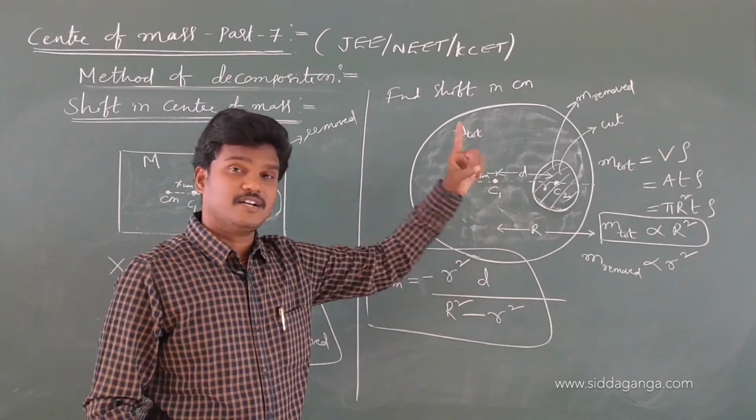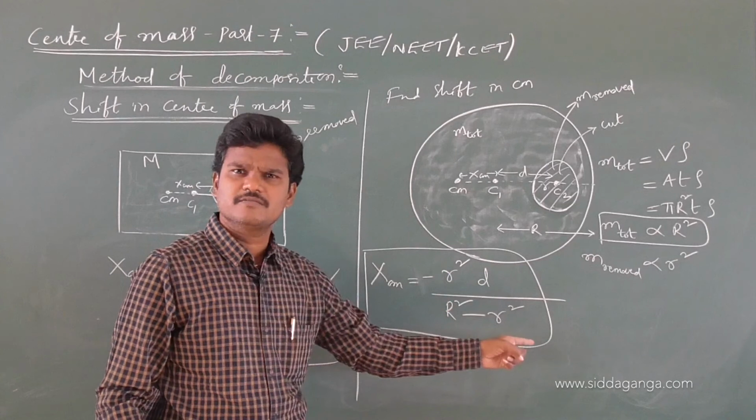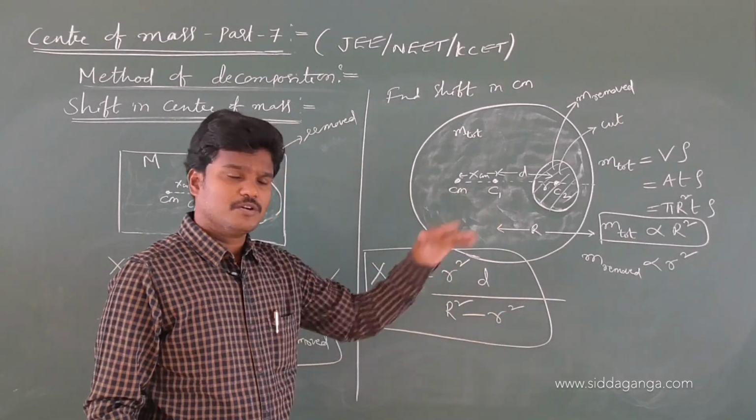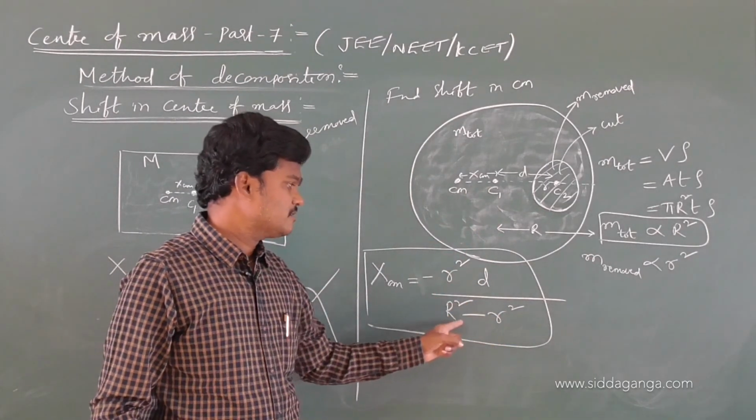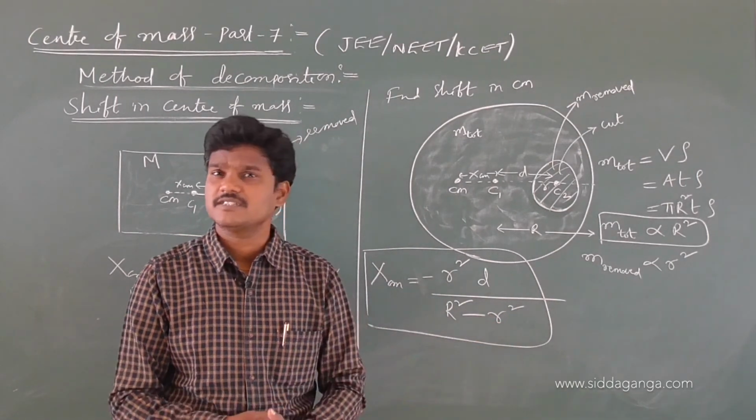Whenever a part is cut, if they give two options, one is r square d by R square minus r square and the other is minus r square d by R square minus r square, which is correct?